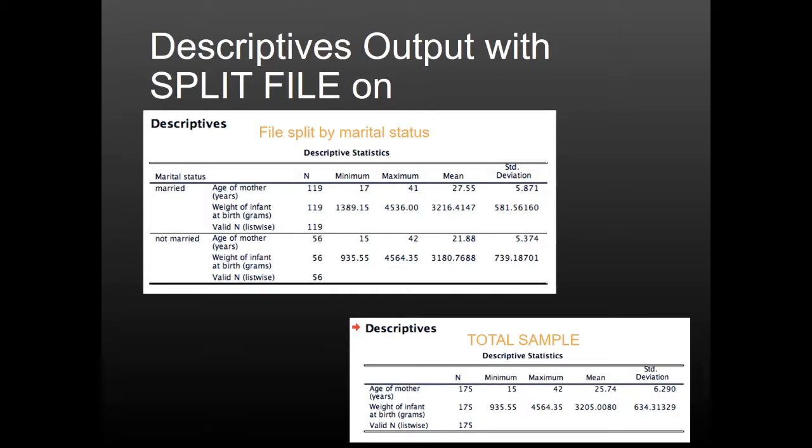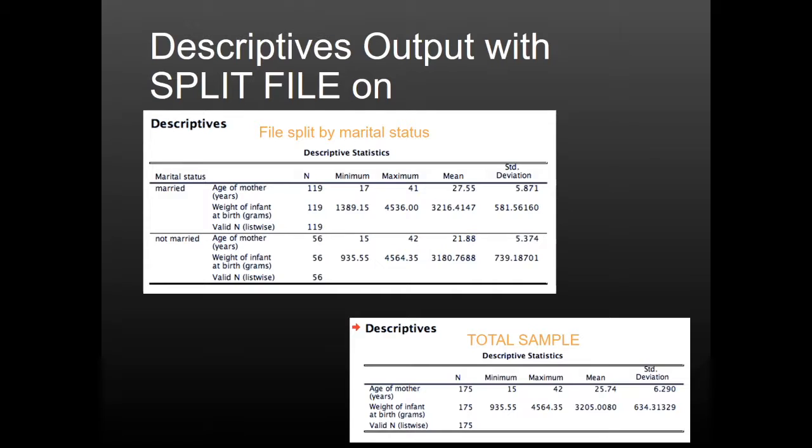Then for those that were not married, there was a total of 56 individuals who responded that they were not married. So our minimum age after the 56 is 15, the maximum age was 42, the mean age was 21.9, and then the weight of the infant at birth for those who are not married, the mean was 3,180.8 with a standard deviation of 739.